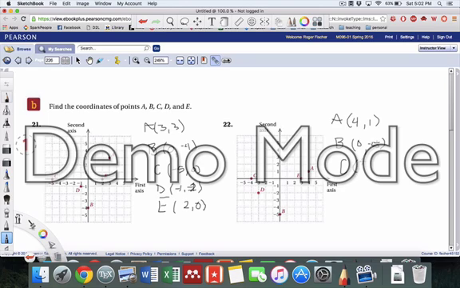C, first coordinate is negative 4, second coordinate is 0. D, we've got first coordinate negative 3, second coordinate negative 2. And E, we have first coordinate 3 and second coordinate 0.